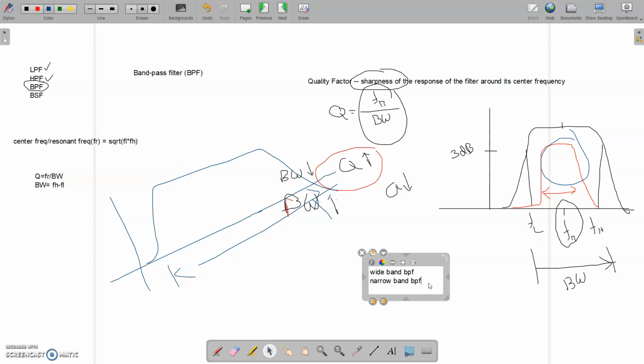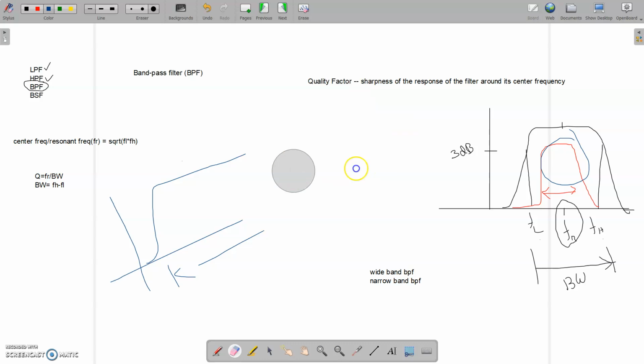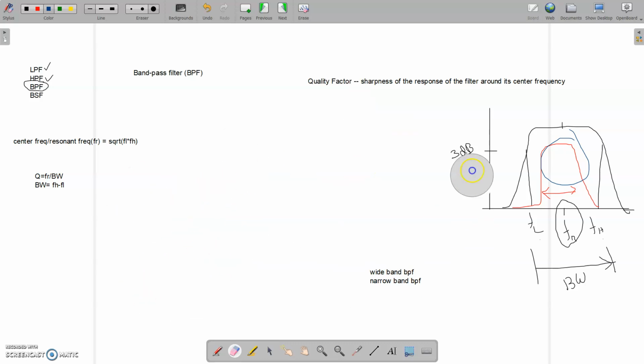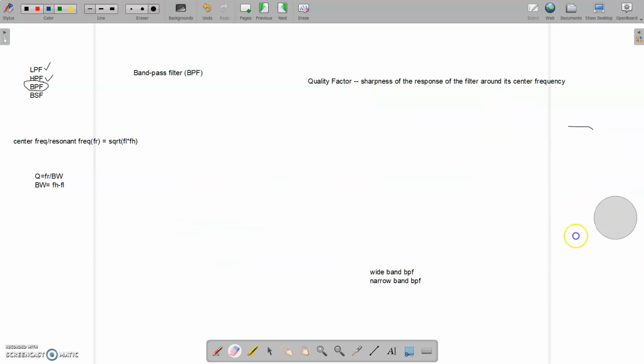Now there is another one, the fourth one, the band stop filter. Band stop filter is quite the opposite of band pass filter. Let's remove this portion.